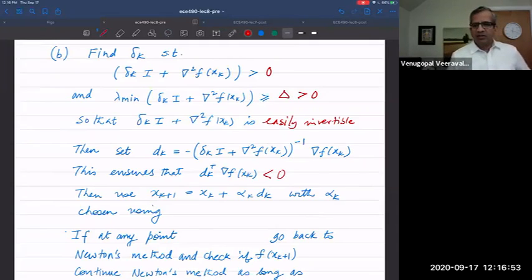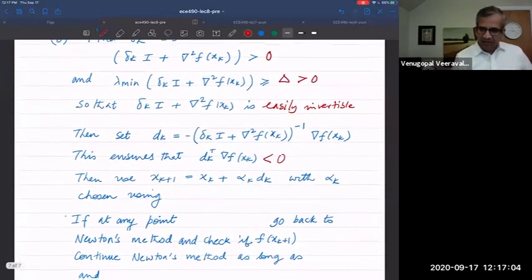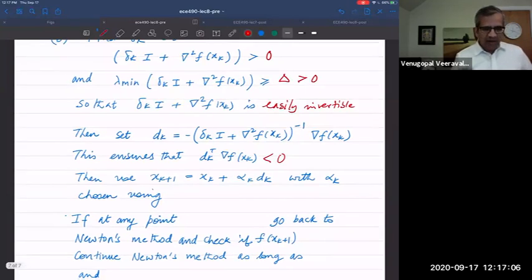So now we just use this dk with a step size chosen using Armijo's rule. Armijo's rule will guarantee that you decrease, or don't increase, your value of f as you go through the iterations. You can use other rules too that guarantee that, but let's say we choose Armijo's rule.